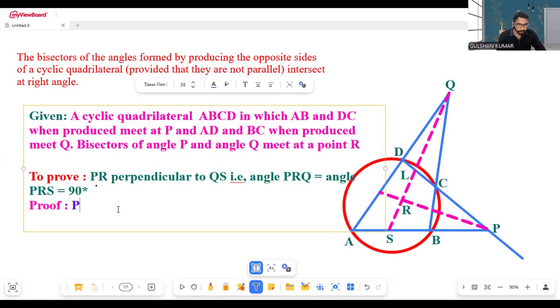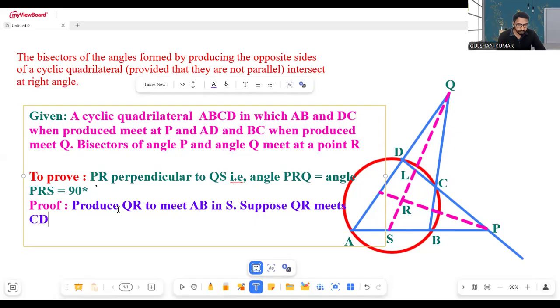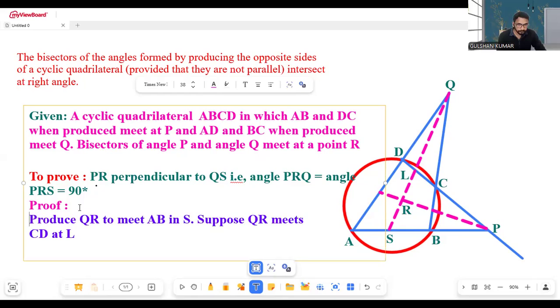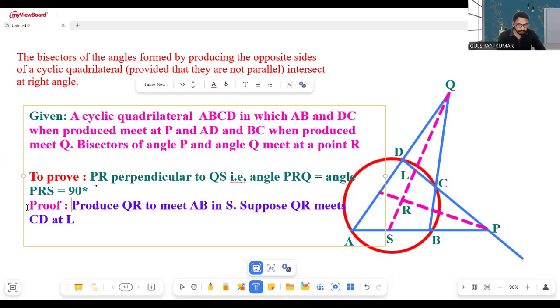Produce QR to meet AB at S. Suppose QR meets CD at L. That is our construction here.